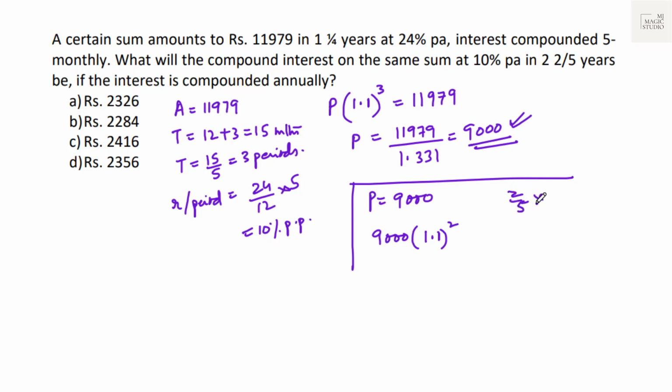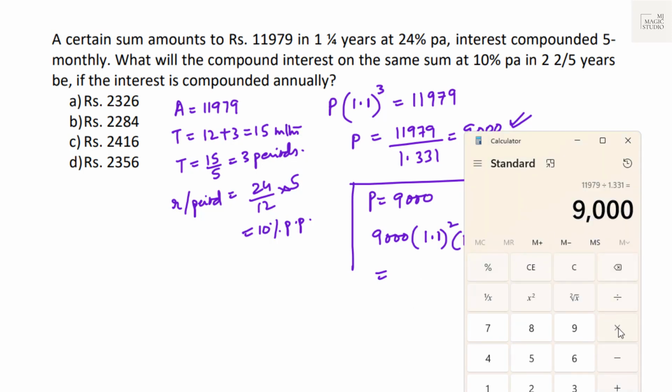Now for 2 by 5 years, if I multiply by 10, it will give me the effect of 4% per annum. 10% per annum is for 1 year. For the fifth of a year, the effective interest rate would be 4%. So into 1.04, we'll get the amount at the end of 2 by 5 years.